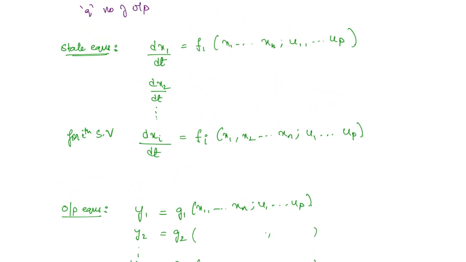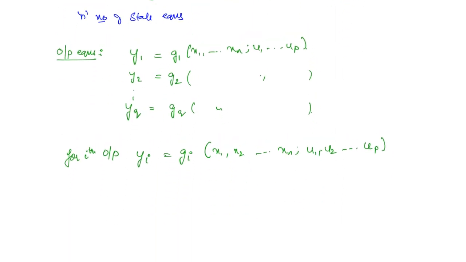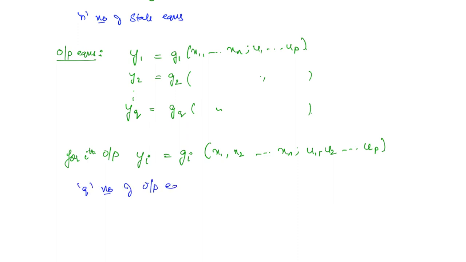Regarding these state equations, how many will be present? N number of state equations will be present. These n number of state equations plus the output equations, how many output equations will be present? Q number of output equations. All of these together form the dynamic equations.